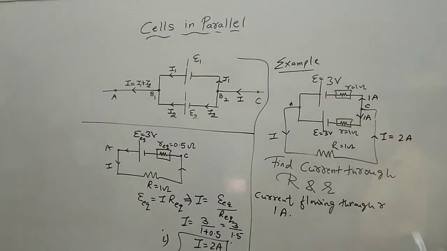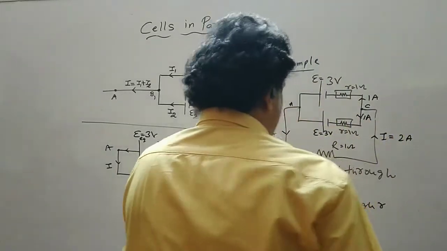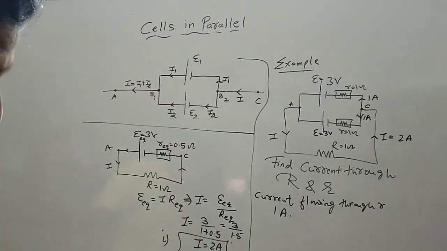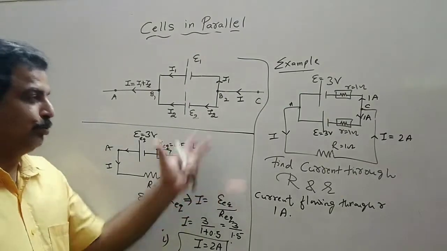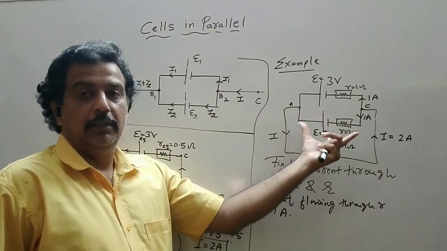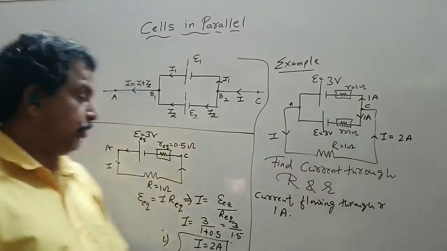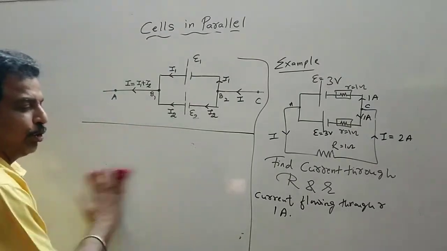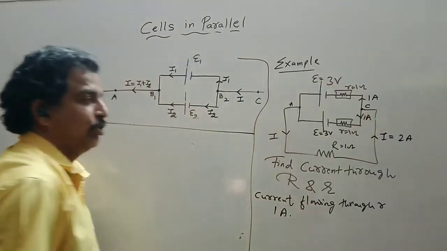Now let us take another method. It is better to apply Ohm's law if you clearly understand the series and parallel combination of the cells and the electrical circuit is not complex.